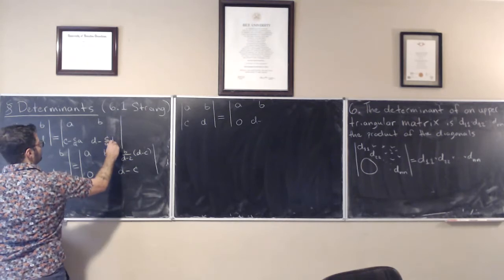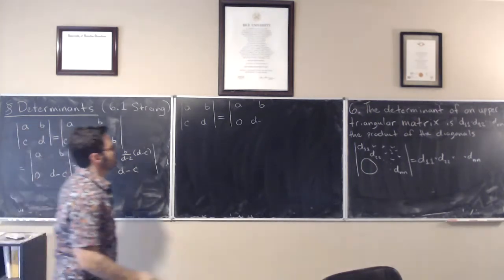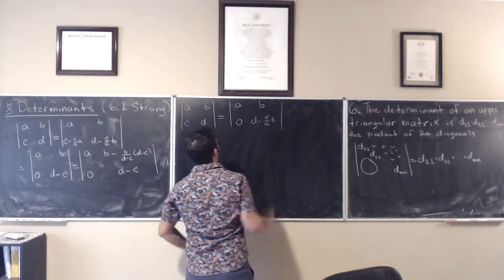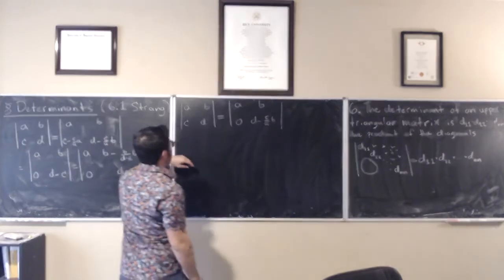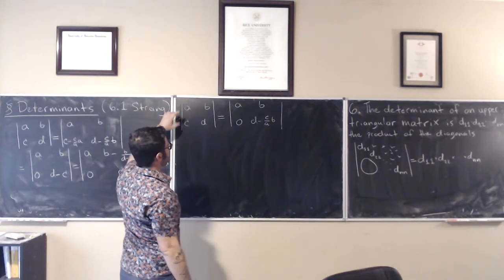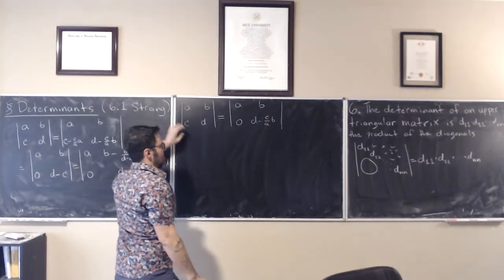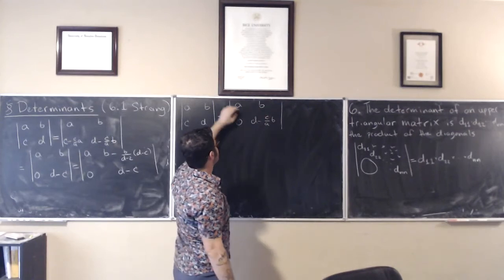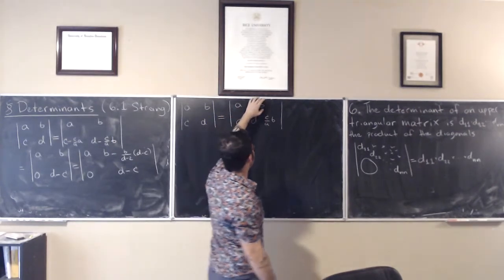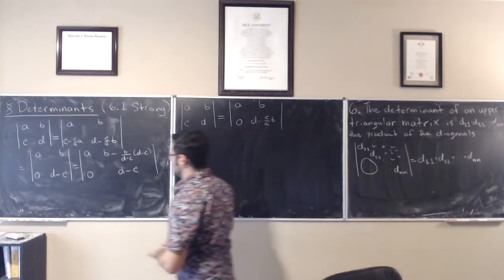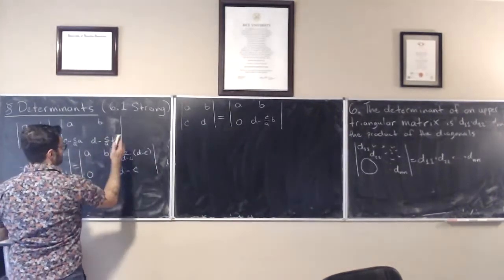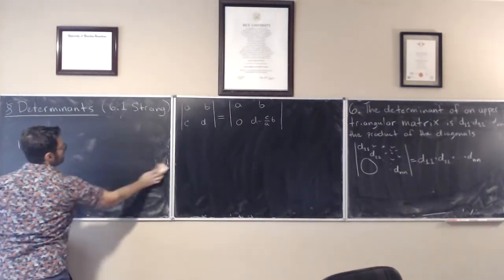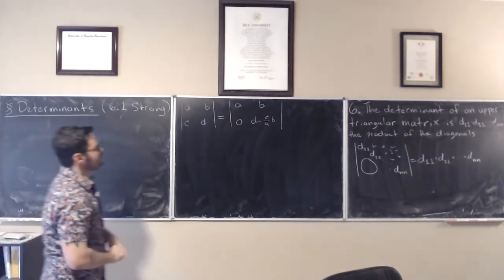That should have been a B, C over A times B, minus C over A times B. That was my silly mistake. Because I'm taking a multiple of the first row and subtracting it from the second row. The multiple I chose was C over A times this row. So I'll get a 0 there, but then I have an A there instead of a B. So let's just erase this bad work and keep this.